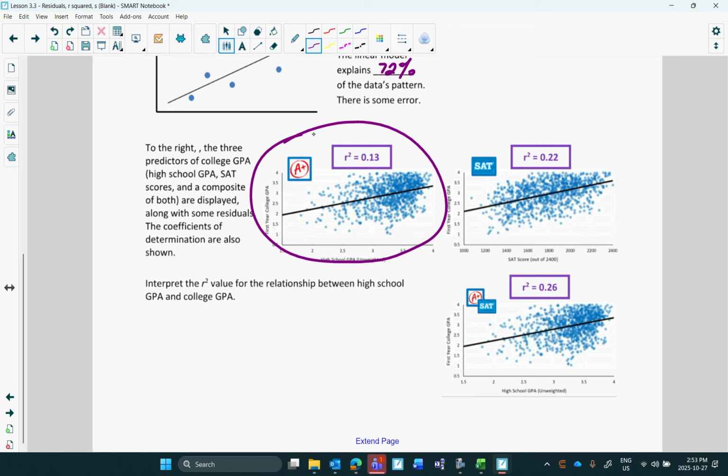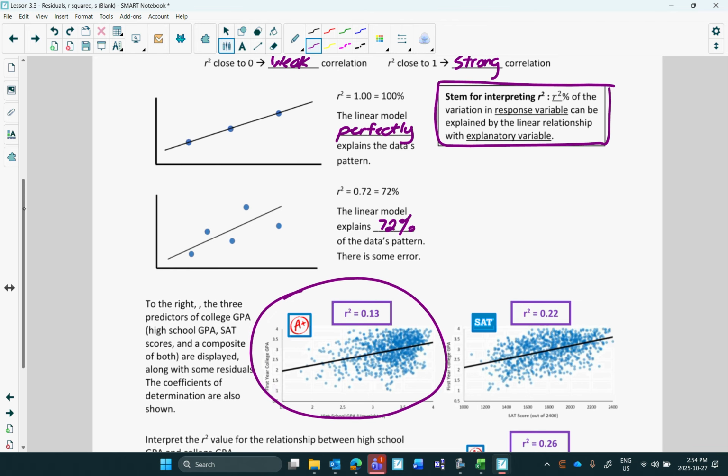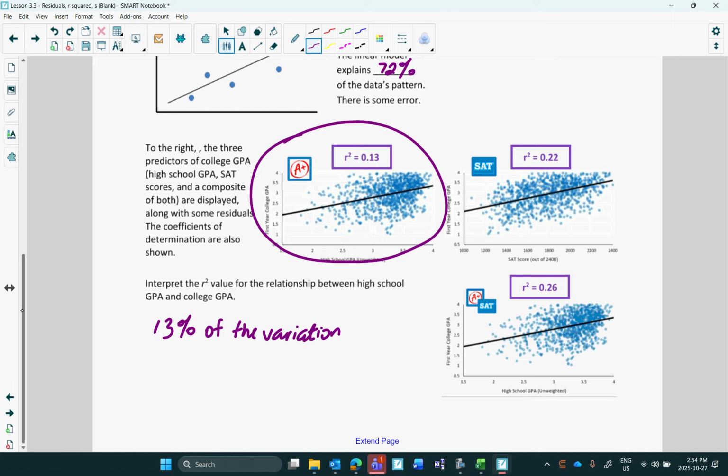Okay, high school GPA and college GPA. So we would say 13% of the variation in college GPA can be explained or predicted by the linear relationship with high school GPA.